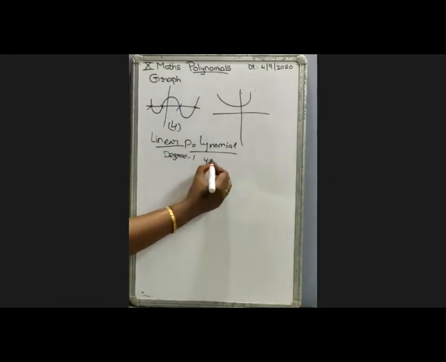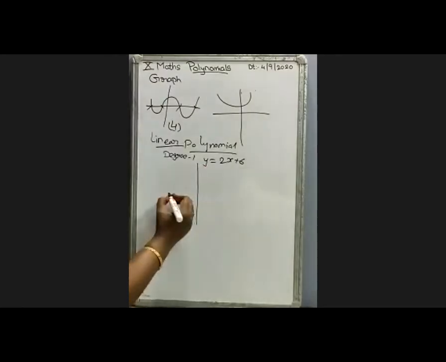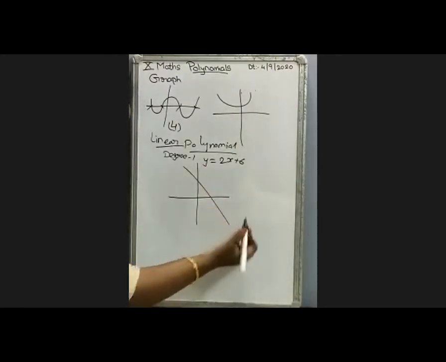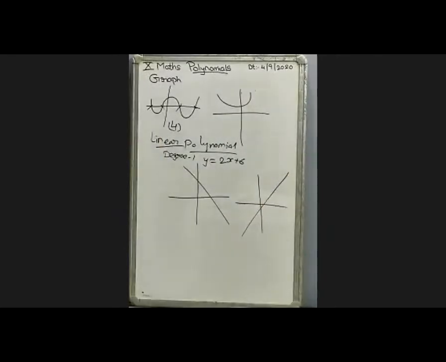Suppose you take y equal to 2x plus 6, here the degree is 1. So how will it come? Exactly one straight line we will get. So this is all we discussed in the previous class.